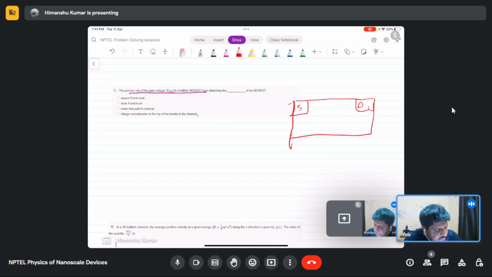This is the substrate region, and this is the gate oxide region, and there is a metal on top of that, the gate metal. So this is the gate, and this is the source terminal, and this is the drain terminal.